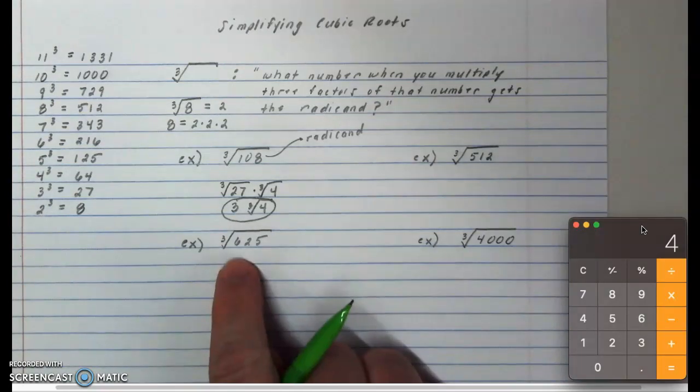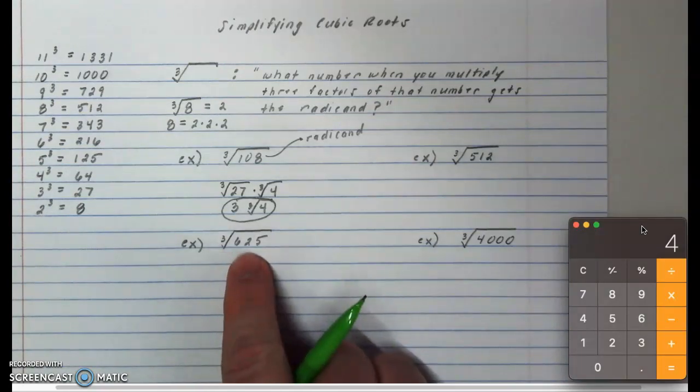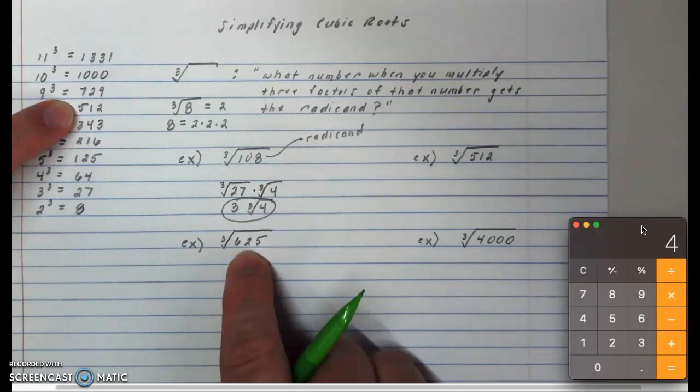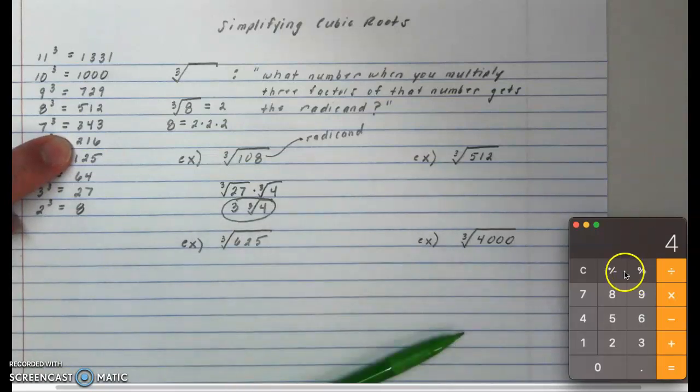All right, let's do the one down below, cubic root of 625. So 625, again, we go up to find where it is. It's going to have to be less than half of that if we use that rule from our square roots. So let's start at 216. If we do 625 divided by 216, we do not get a whole number.